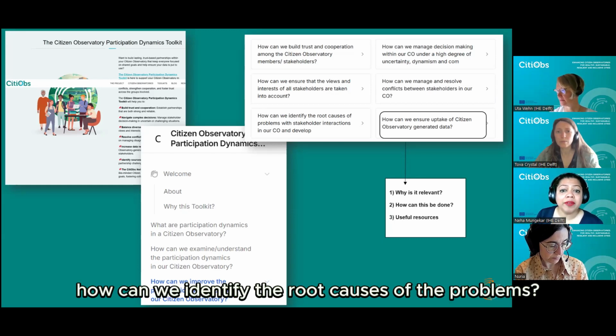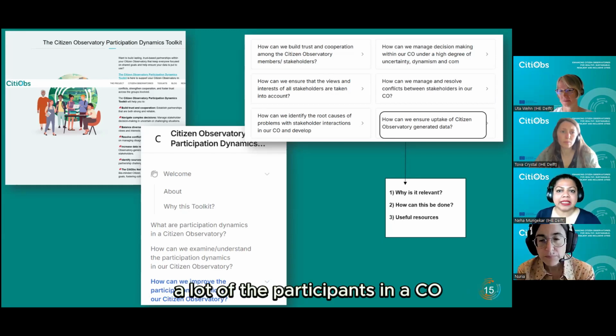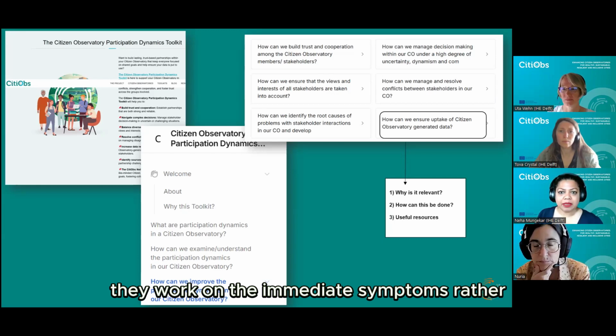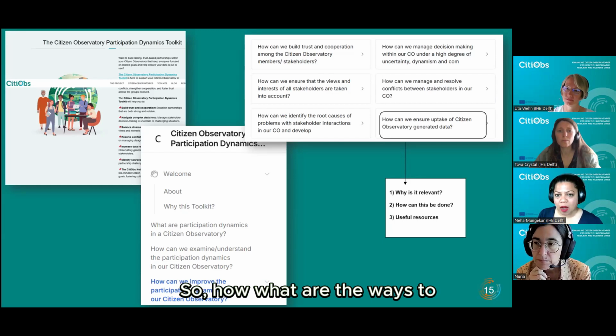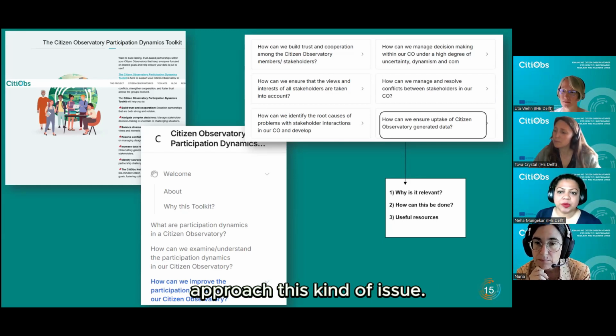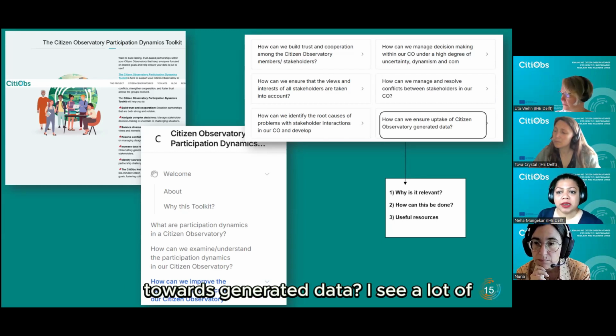Then also, how can we identify the root causes of the problems? Many times a lot of the participants in a CO work on the immediate symptoms rather than reaching the deep down root causes. So what are the ways to approach this kind of issue? And thirdly, how can we ensure the uptake of Citizen Observatory generated data?